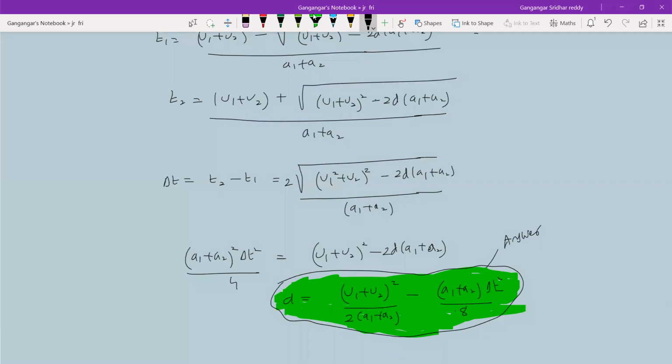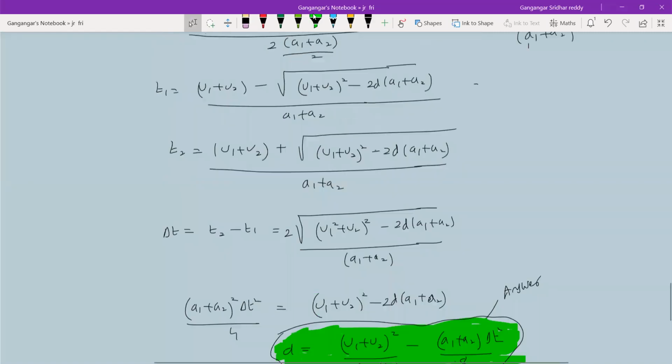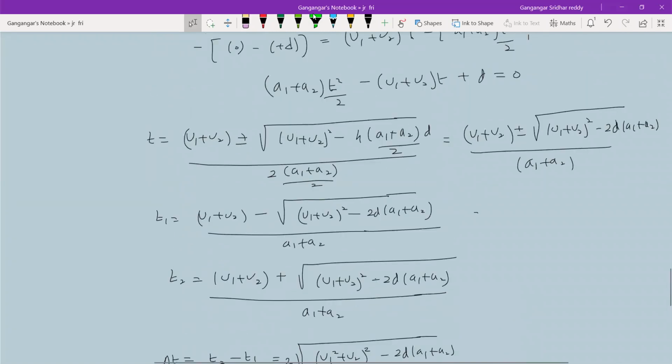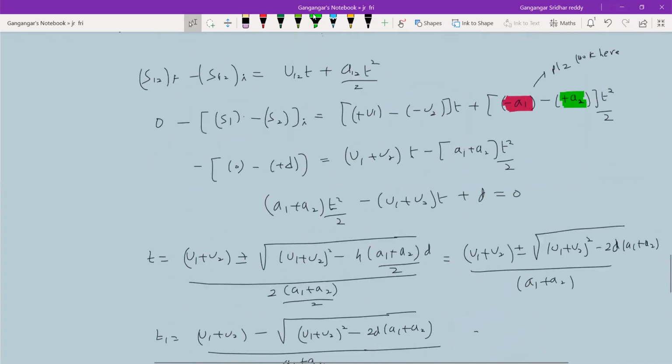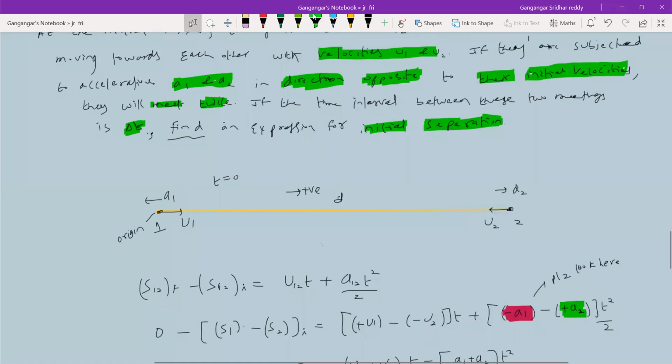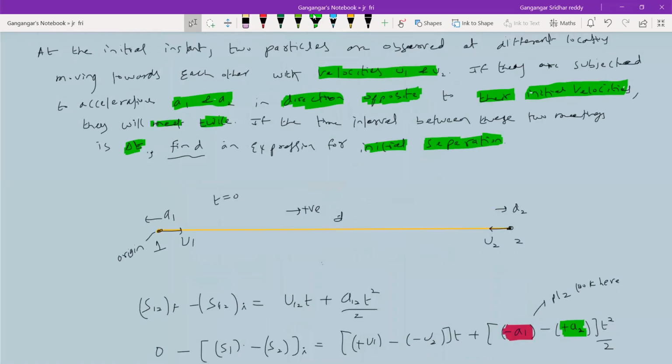How do we go for path? Let's go back to the basic diagram, the initial. Particle 1 is moving towards right, undergoing retardation. Particle 2 is moving towards left and undergoing retardation. So how can the path be? This path is what we have to predict, and how is it possible that they can meet twice?